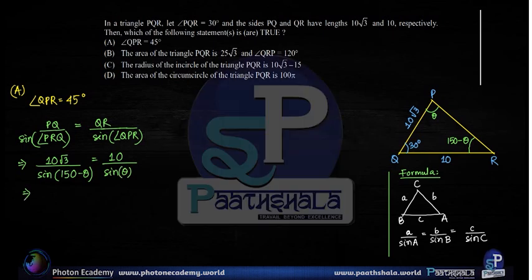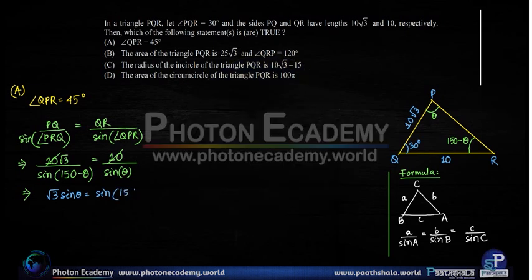That implies root 3 sine theta is equal to sine of 150 minus theta.